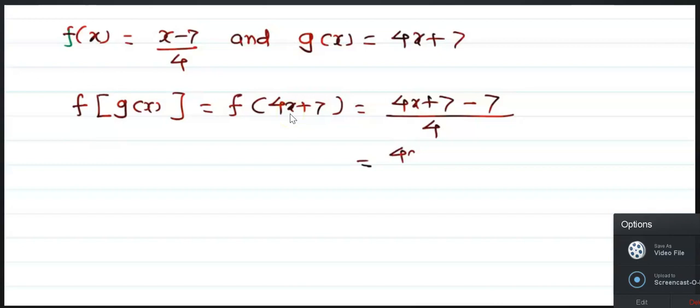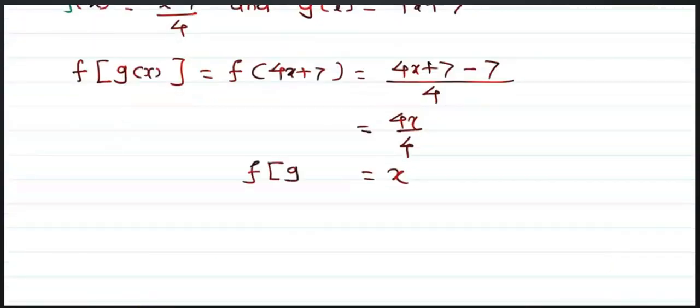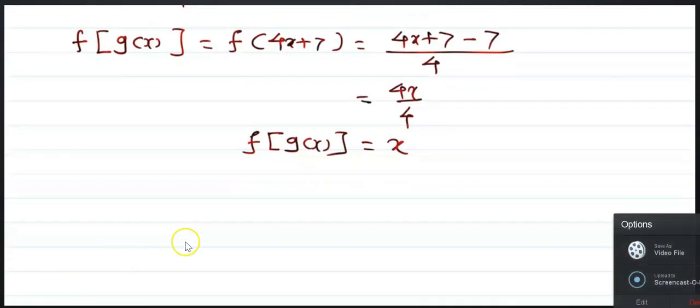But what is our function f of x? Our function f of x is x minus 7 upon 4. Therefore, whatever the quantity here, that is 4x plus 7 minus 7 upon 4. And if we simplify it, you will get 4x upon 4, which is equal to x. Therefore, f of g of x is equal to x.